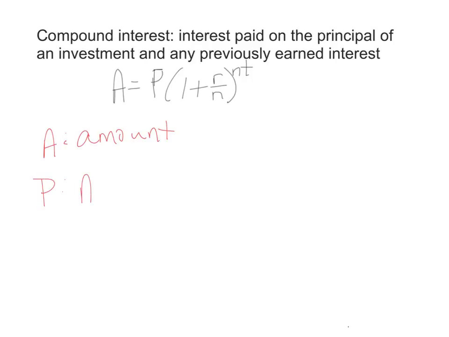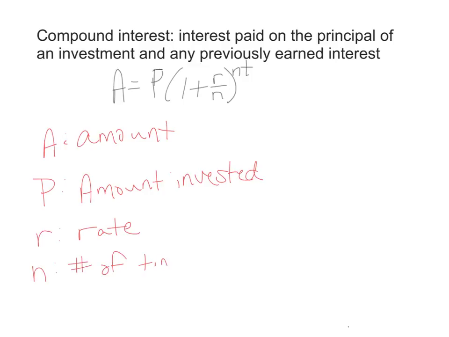P is our amount invested. R is our rate. N is number of times compounded over the course of a year. And then lastly, T is our time in years.